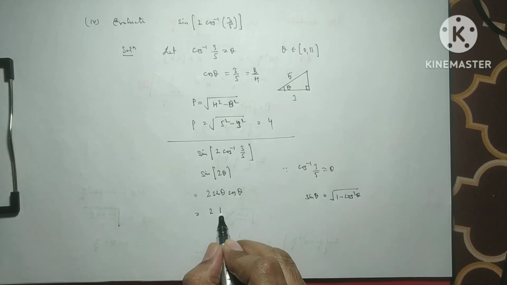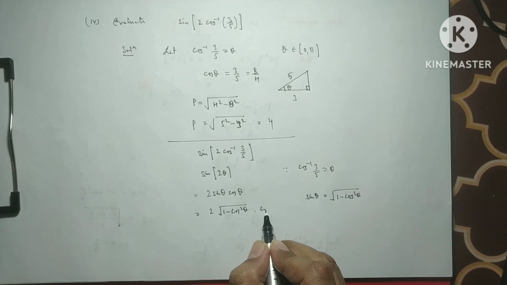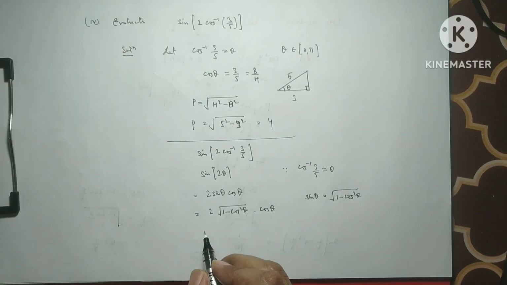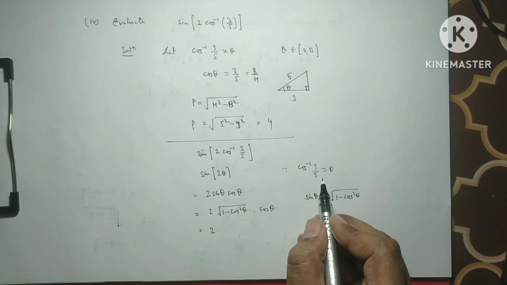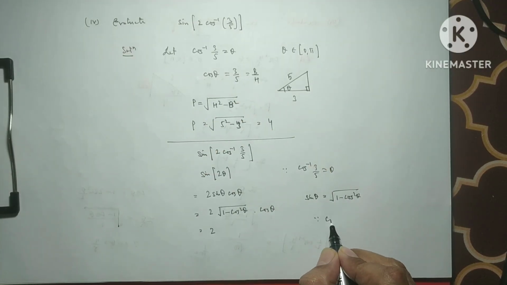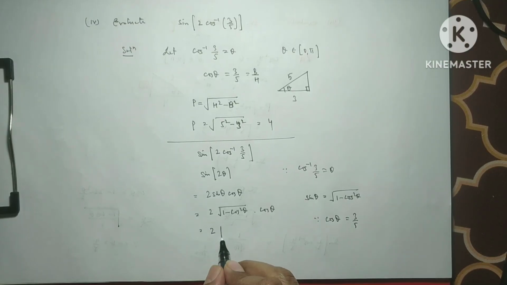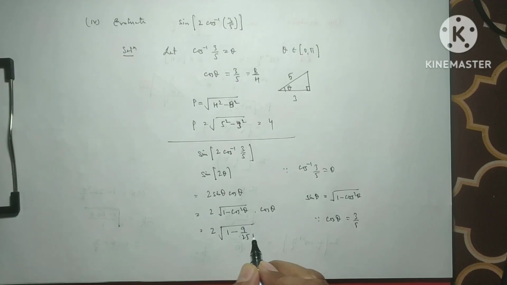So it is 2 under root 1 minus cos square theta into cos theta. We put the value, cos theta is 3 by 5. So it is 9 by 25, and this is 3 by 5.